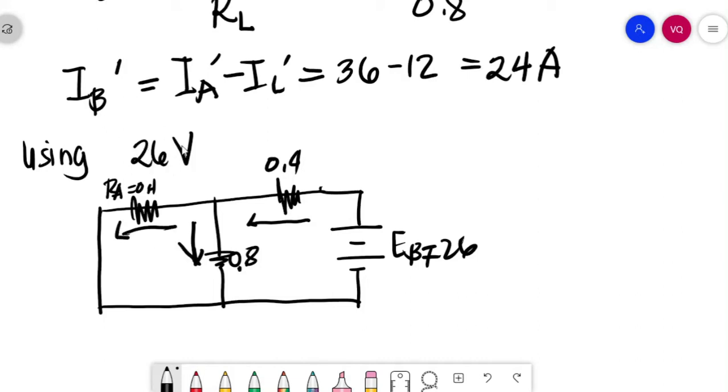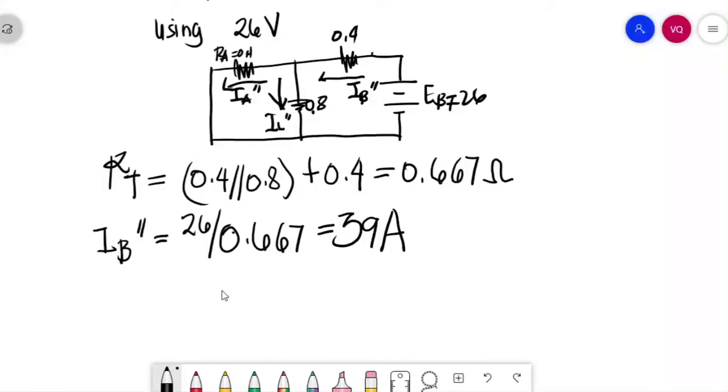So for 26 volts, we will name our branch currents to be IB double prime, IL double prime, and IA double prime. So solving for IA double prime, IL double prime, and IB double prime using 26 volts.